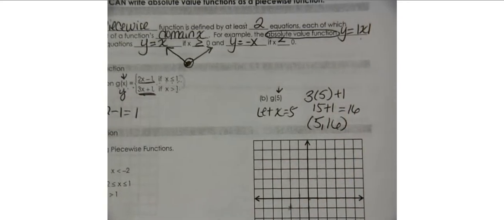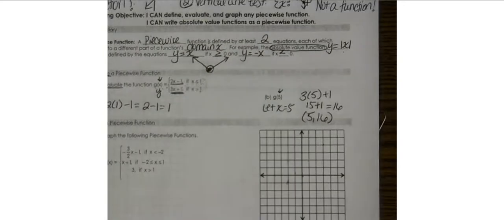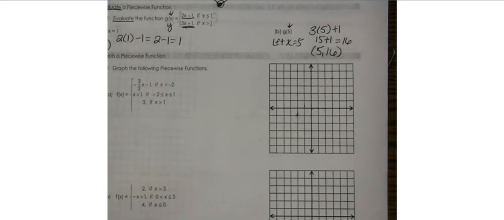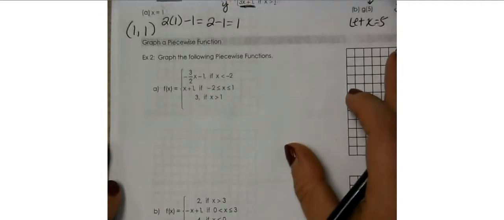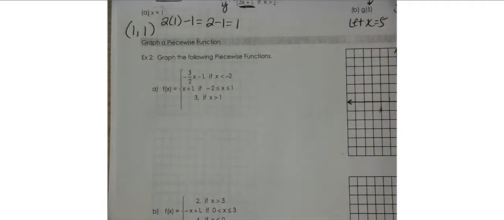All right, so now let's go ahead and graph these actual piecewise functions. So we have example number 1, graphing piecewise functions. What I would recommend is that you recognize that these pieces are going to be parts of linear functions, and linear functions are lines.